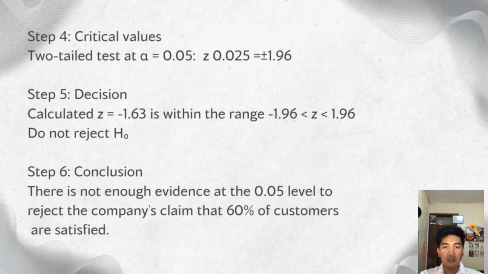The calculated Z, which is negative 1.63, is within the range of negative 1.96 to positive 1.96. Do not reject the null hypothesis. In conclusion, there is not enough evidence at the 0.05 level to reject the company's claim that 60% of customers are satisfied. Thank you.